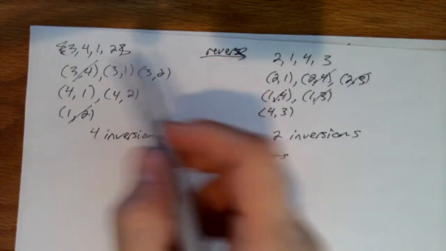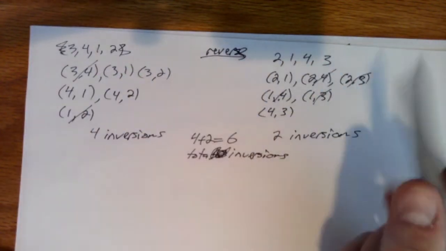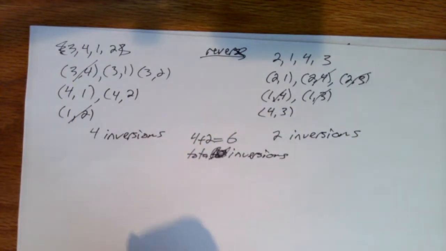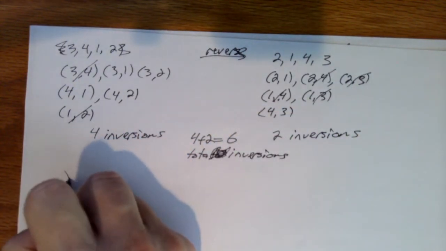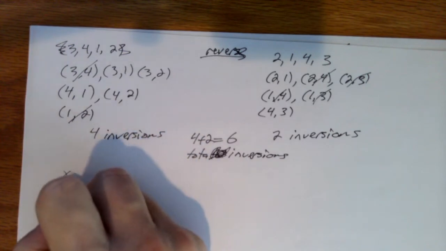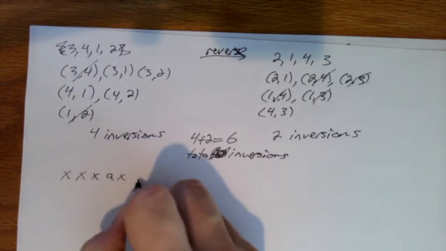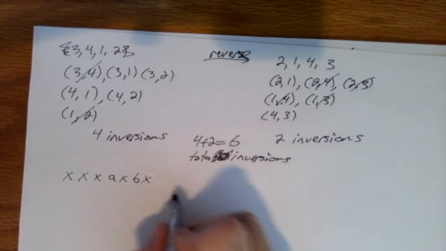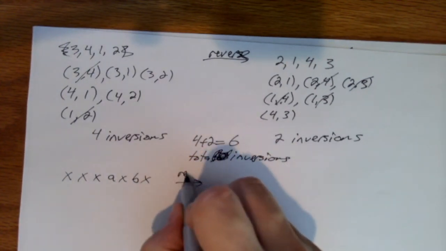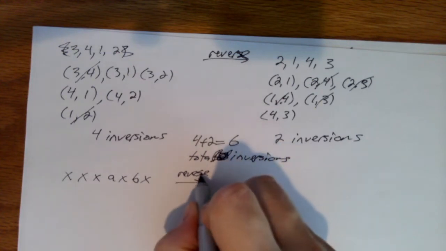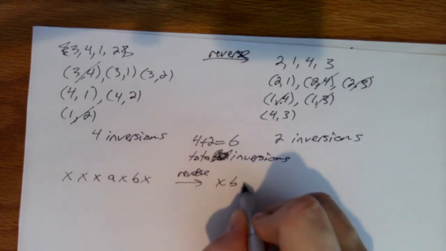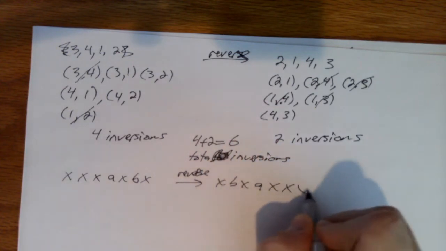Because there's lots of different permutations. Why am I looking at these? Well, let's think about the logic here. I have some sequence of values. So x's here are just general values. And then so we have value A, value B, and then we look at the reverse of this. So x, b, x, a, x, x, x.